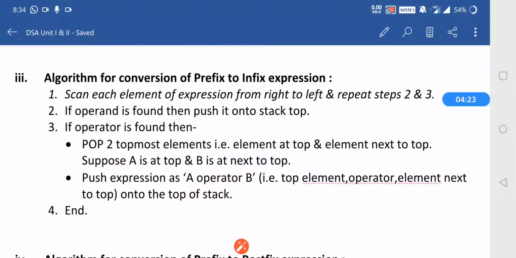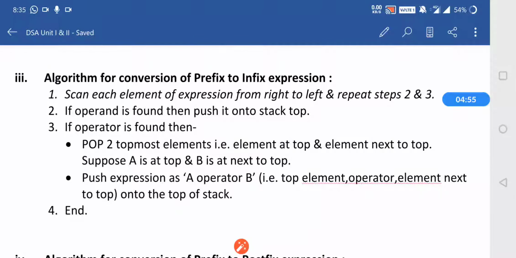In this way, the whole process is done until the last element of our expression, meaning till we reach the last element at the left-hand side, we will do the same steps, popping the two operands and pushing the operator in between them, because we are converting the expression from prefix to infix.